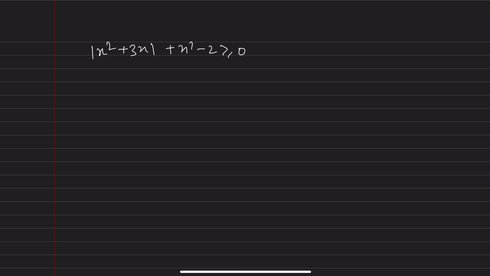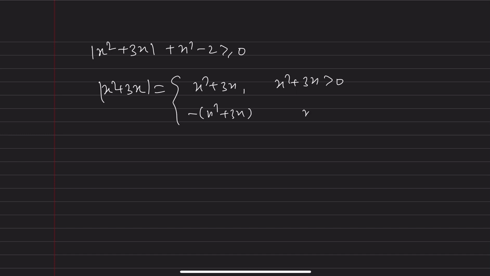First of all, we have to define mod of x square plus 3x. It means x square plus 3x when x square plus 3x is greater than 0, and negative of x square plus 3x when x square plus 3x is less than 0.